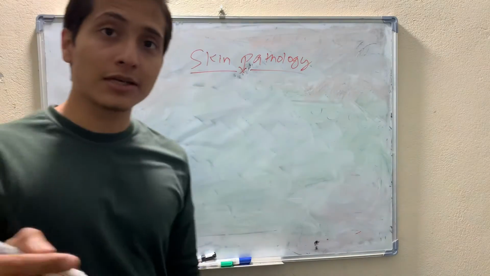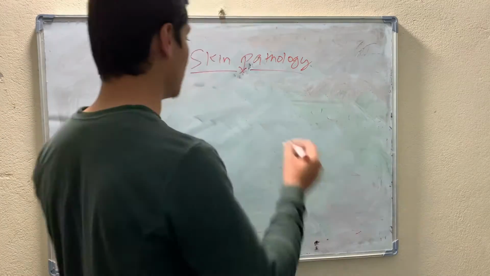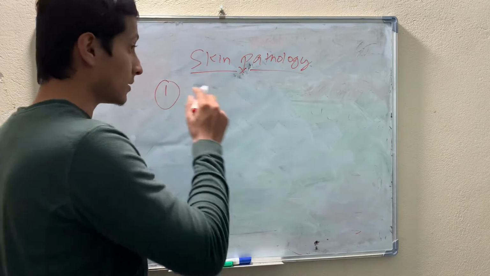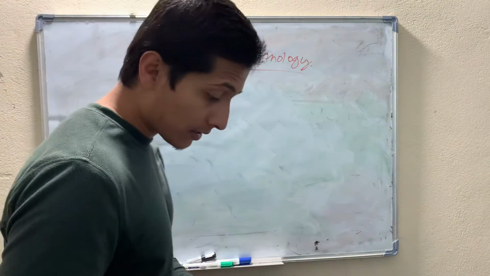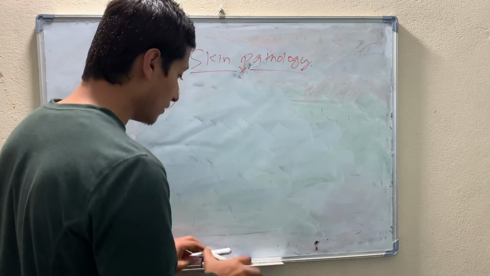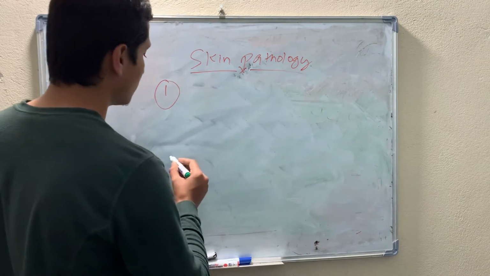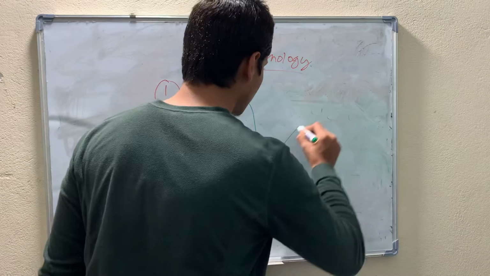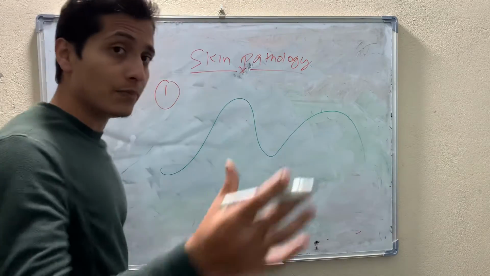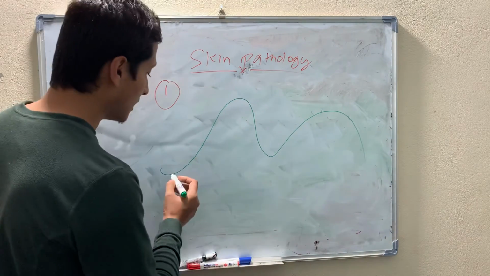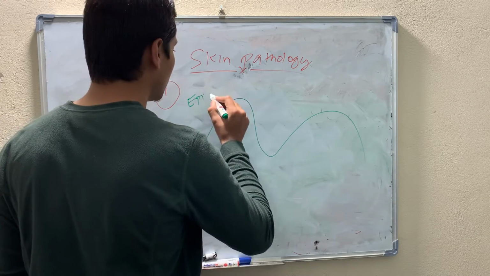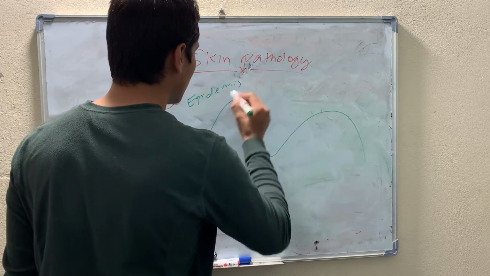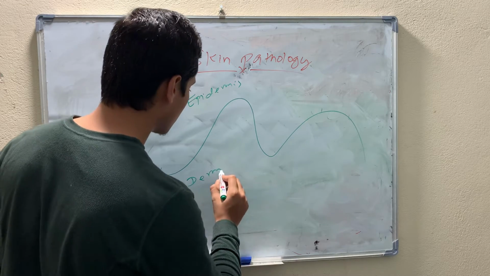So before really going deep into skin pathology, let's first discuss the basic anatomy of the skin. Suppose this is a basement membrane. It happens to be the junction between the epidermis and the dermis, right?